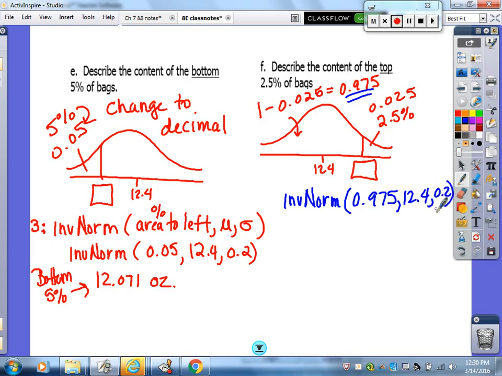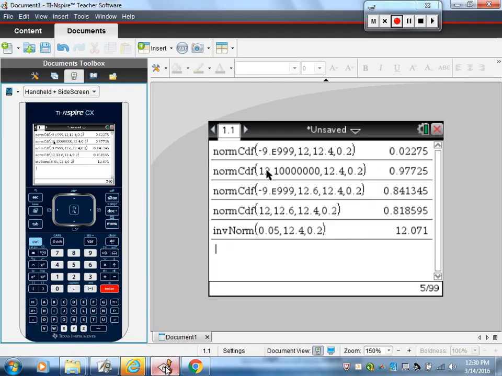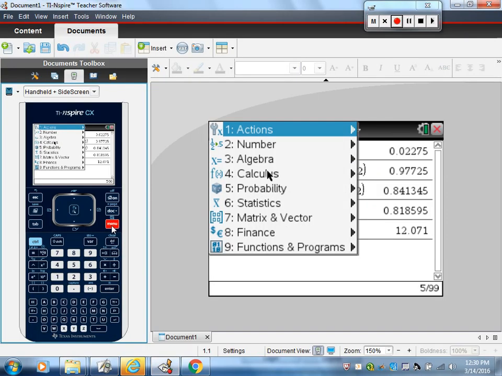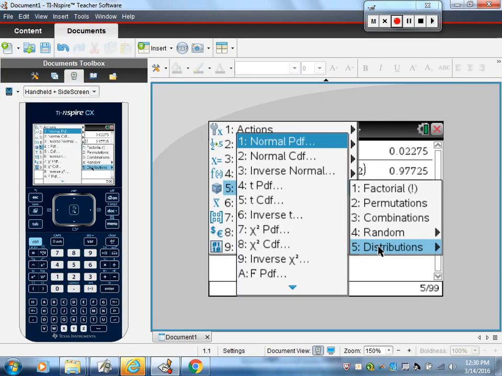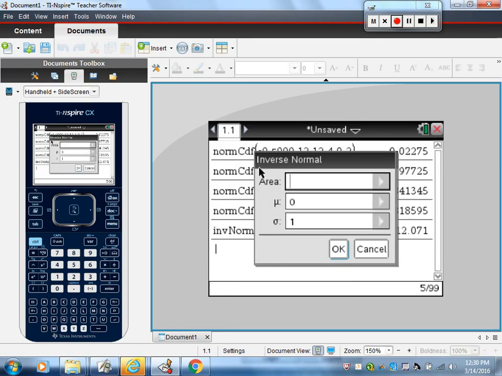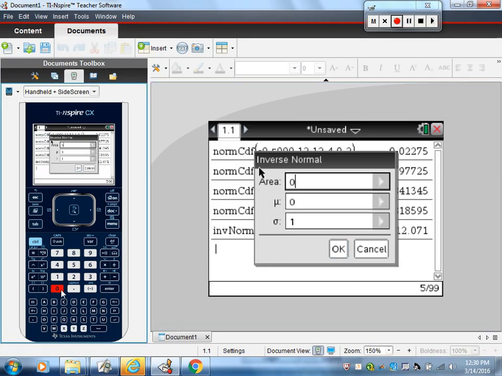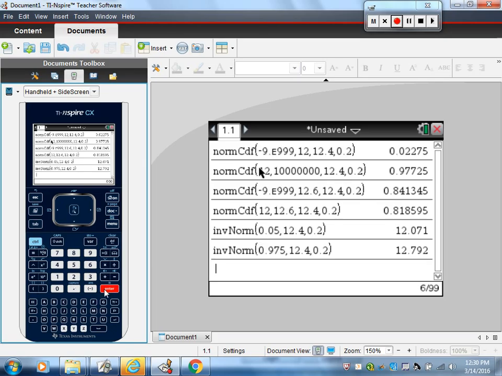All right, let's do that. So menu, probability, distributions, inverse norm because I'm going backwards. I need the area to the left, so I have to do a little bit of work to get that. Mean, standard deviation. All right, tab OK. So that's my cutoff, 12.792.